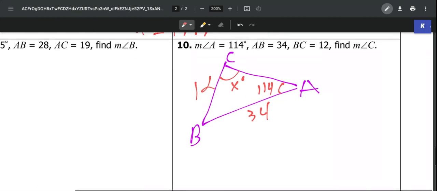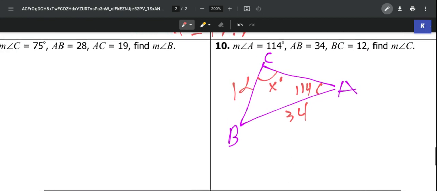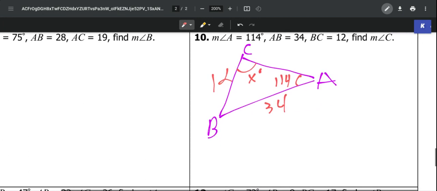Then we're going to set up our law of sines ratio or proportion. We take sine of 114, and we need the opposite side of that, which would be 12.